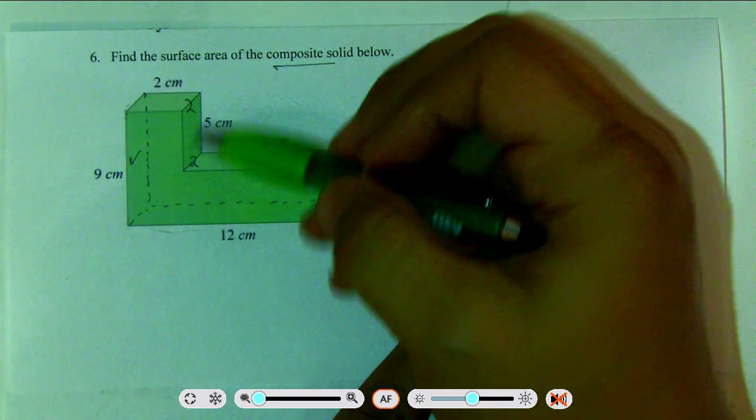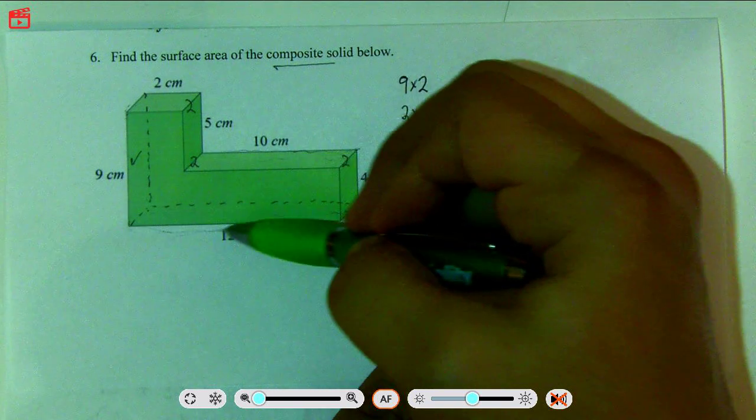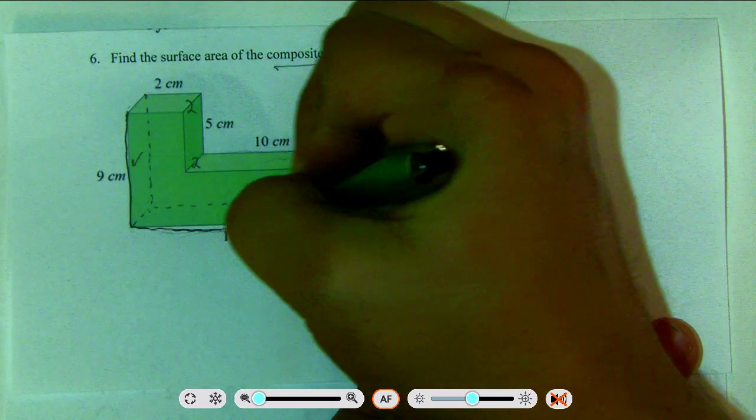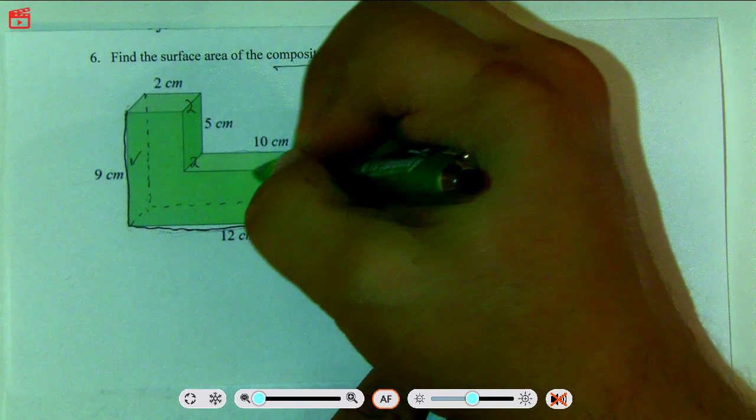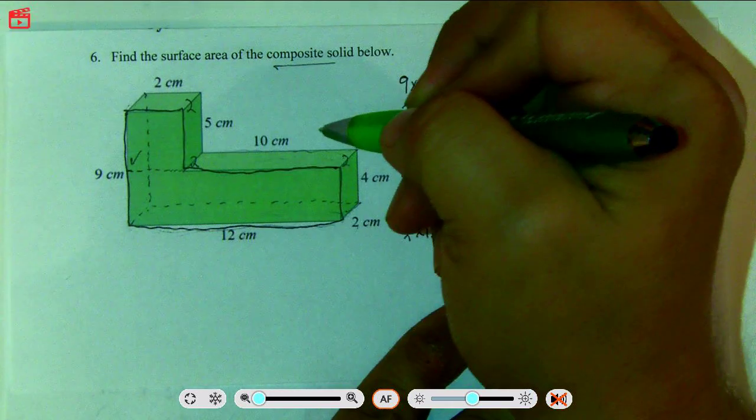But I still have these front two pieces. So I have this odd looking shape here that has to be dealt with. So I'm going to break that into two pieces, make it a little easier to evaluate.